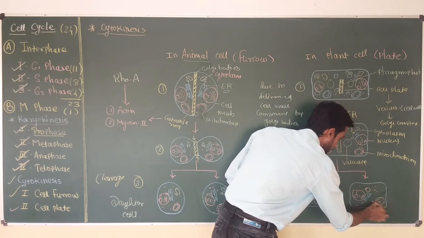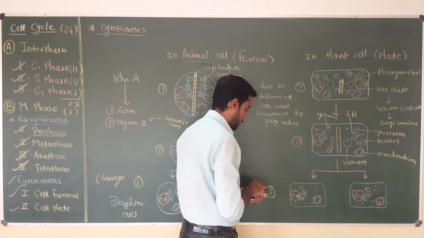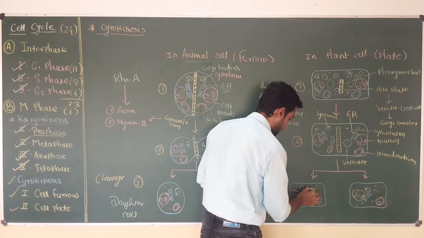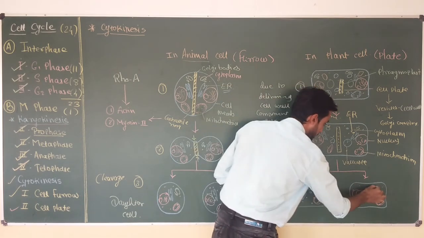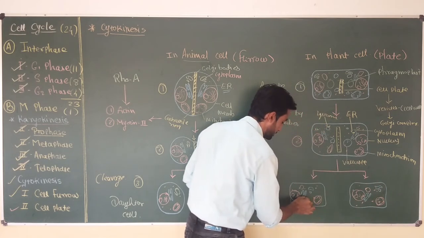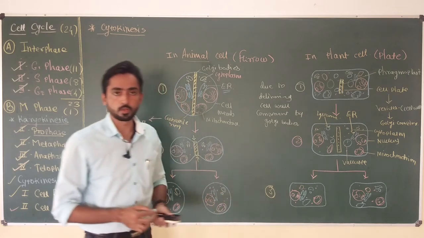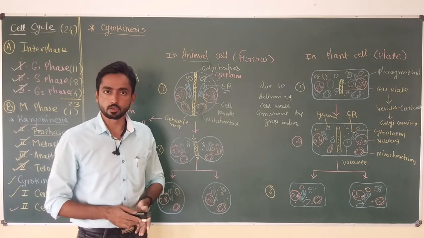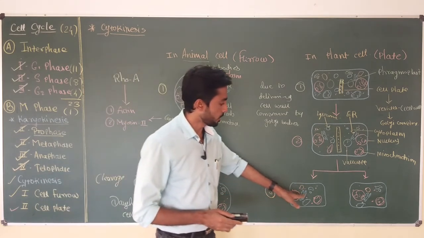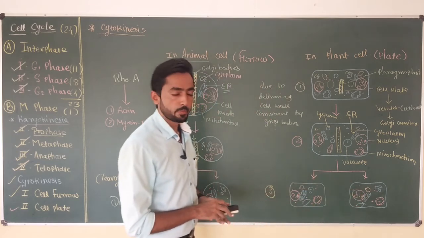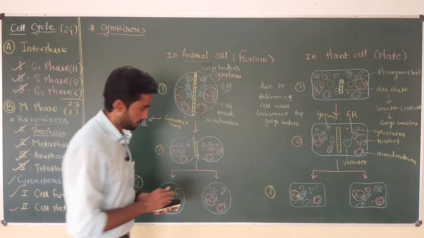Both cells are going to receive an equal quantity of cytoplasm and one copy of every cell organelle, including mitochondria, chloroplast, and all other organelles. So this will be the end of cell plate formation cytokinesis in plant cells.